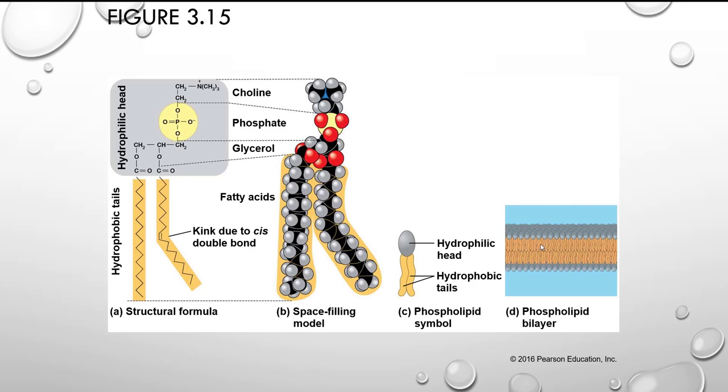This creates that barrier. So you have this hydrophobic area facing inward, and then outside you have the hydrophilic heads. This is a unique type of lipid that contains both a hydrophilic part and a hydrophobic part.